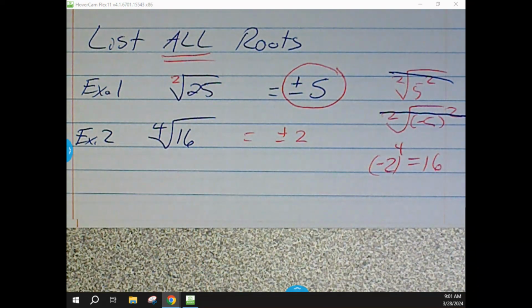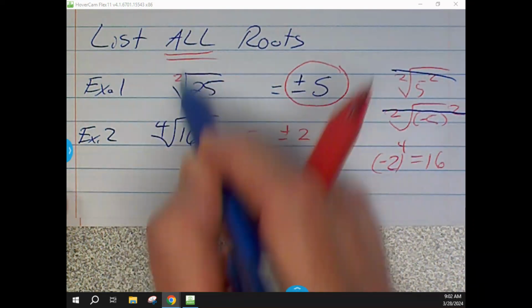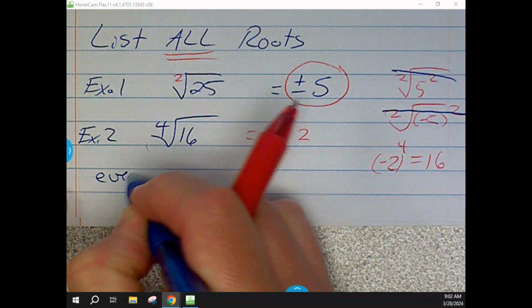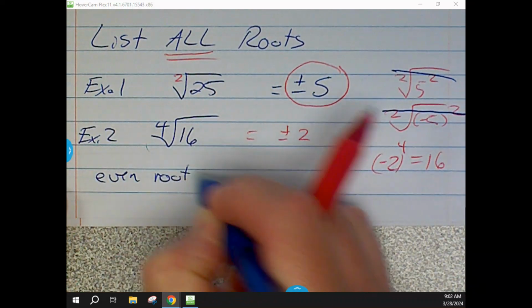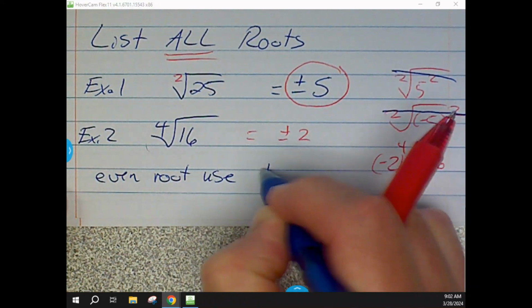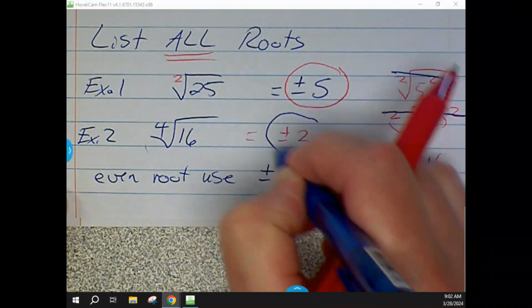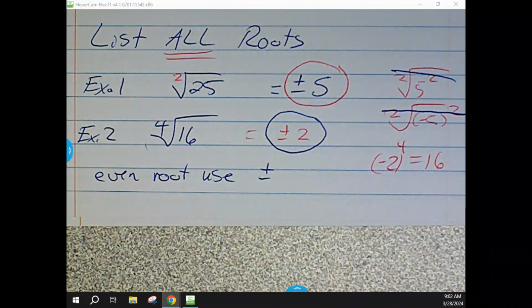So if it asks you for listing all the roots, if it's an even root, then you've got to use the plus or minus. If it's an odd root, then you won't, because if you multiply a negative an odd amount of times, the answer is going to be negative. So if it's an even root, you get to use the plus or minus. If it's an odd root, then it's just one answer.